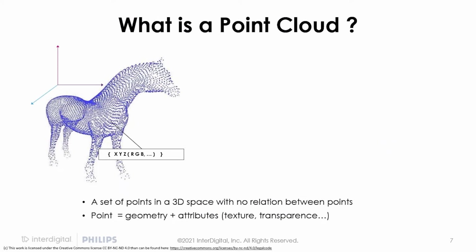First, what are point clouds? It is a set of 3D points with no relation between them. They are not ordered. Each point is described by its geometry, X, Y, Z, and its attributes like texture, reflectance, transparency, or any attribute depending on the application, with no idea how close or far a point is from its neighborhood.